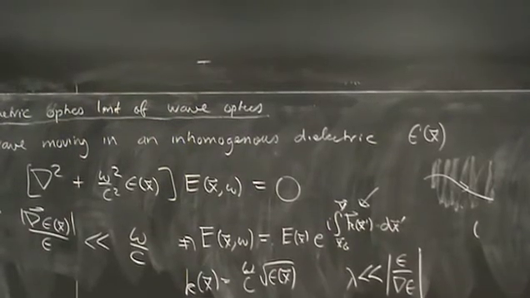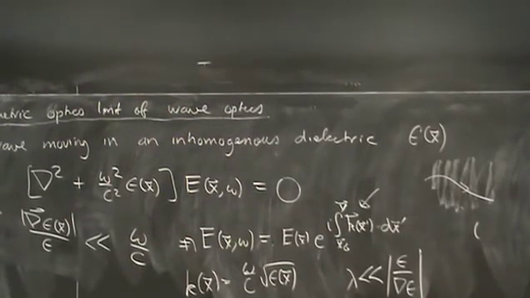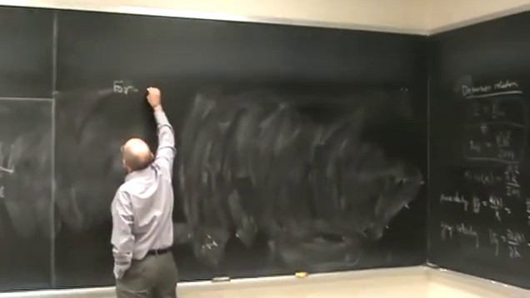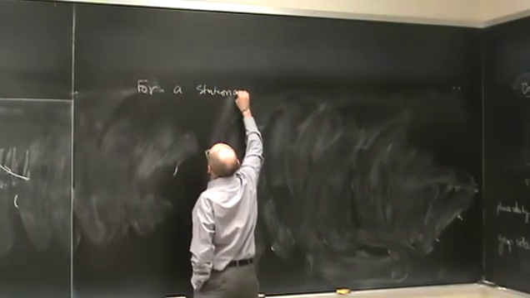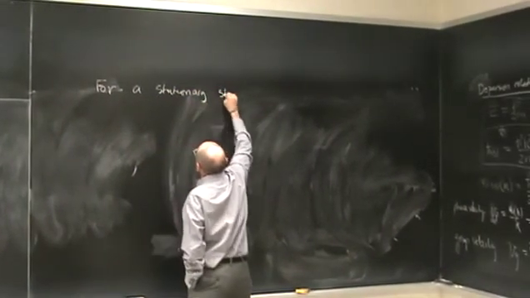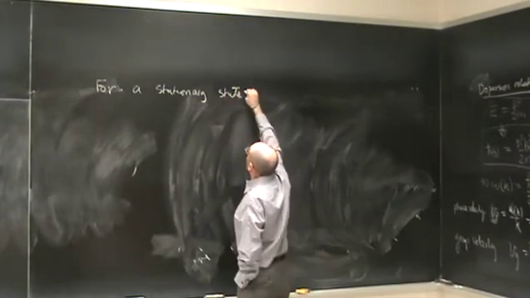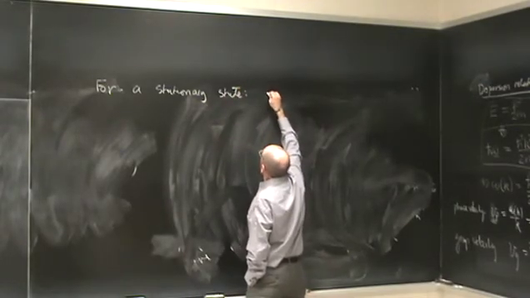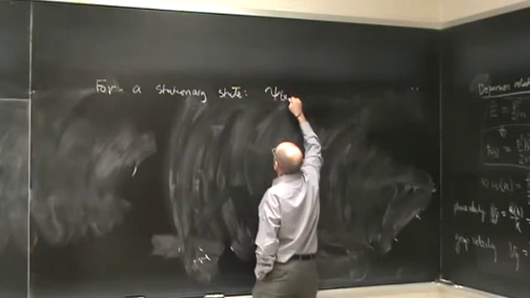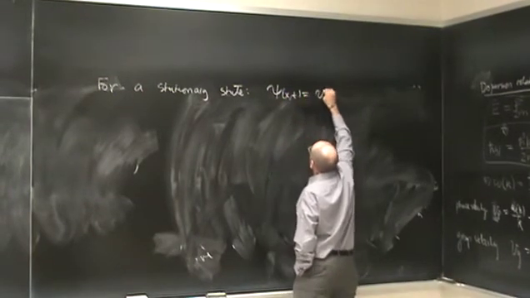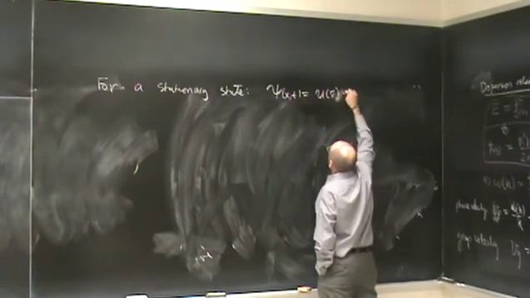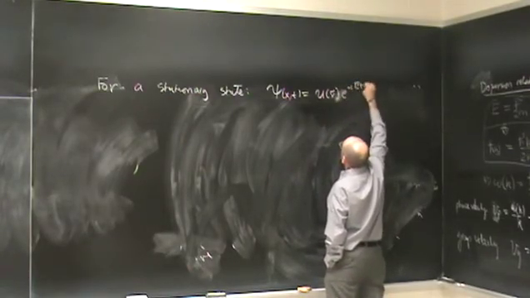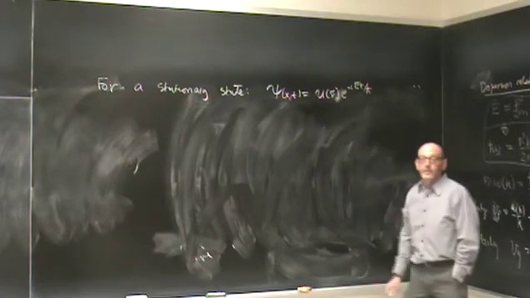All right. So let's look at the Hamilton-Jacobi equation in the case that I have a stationary state. So now my wave function, the time dependence I can factor out. Okay?